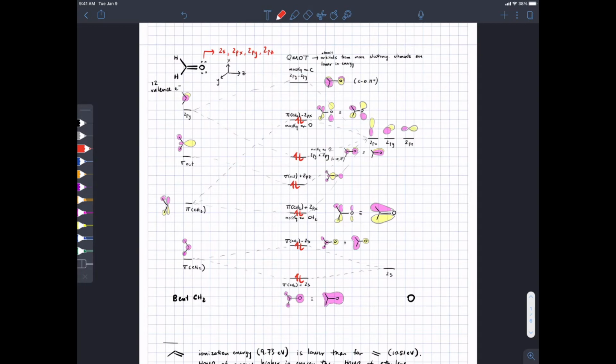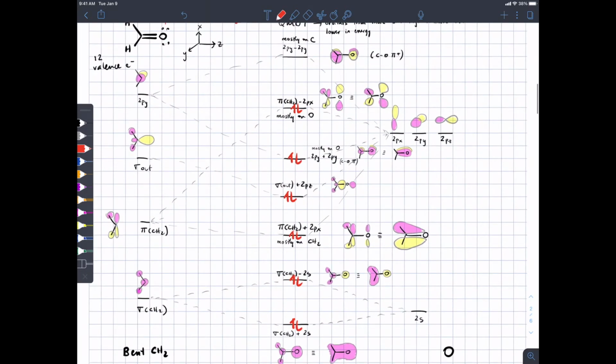Let's look at what that tells us about the most reactive electrons in the molecule, and also about the lowest energy empty orbital. The pi CH2 minus 2px combination is the HOMO, and the LUMO, the lowest unoccupied orbital, is the 2py minus 2py combination, or the pi star.